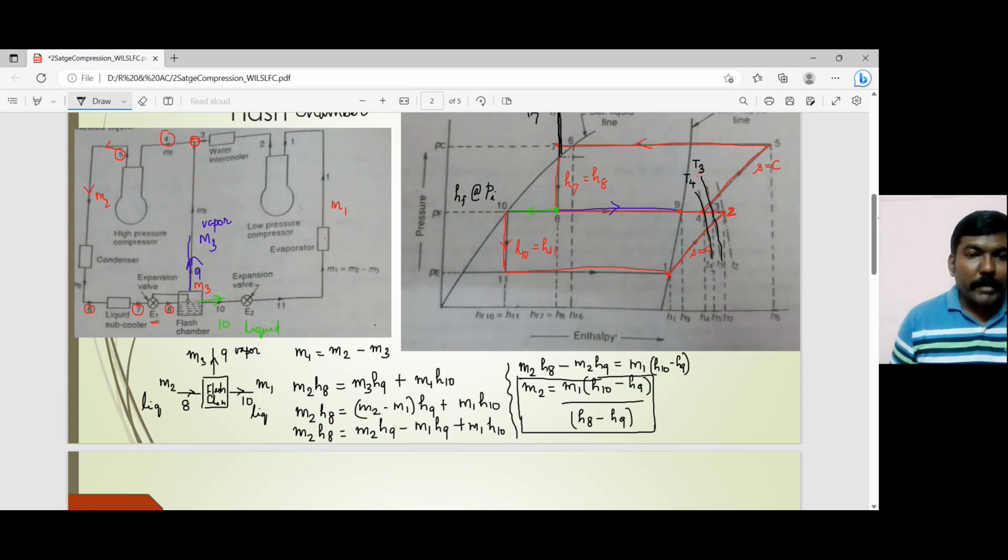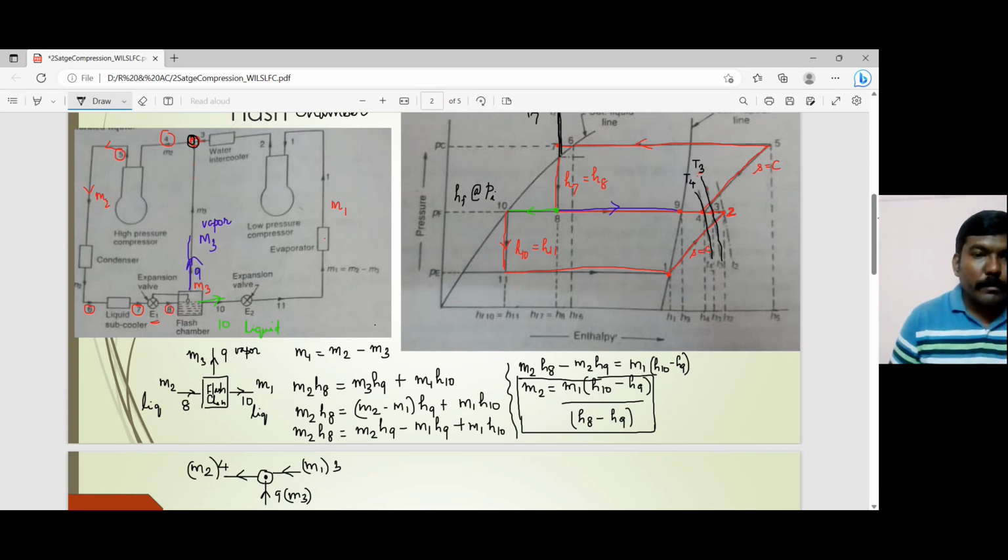There is another branch point which is shown in the picture, where there is the refrigerant vapor M3 at condition 9 mixing with the mass of the refrigerant M1 at condition number 3, and both of them enter into the compressor with the mass flow rate M2 at condition 4. Okay, that is what is shown over here.